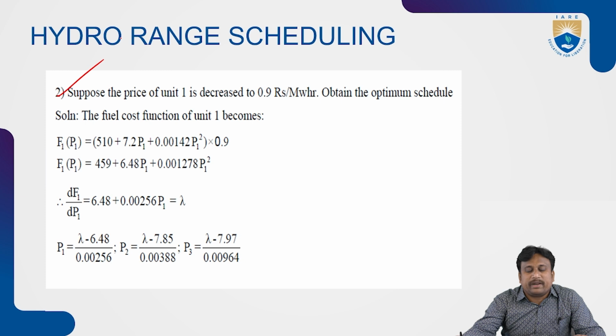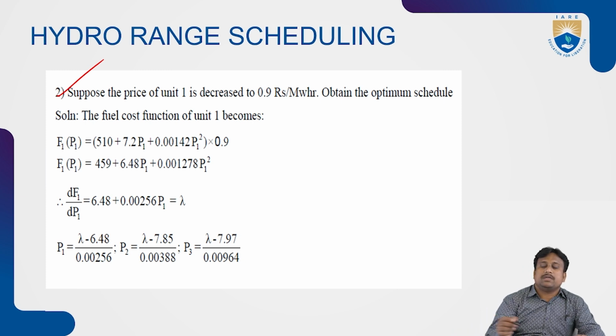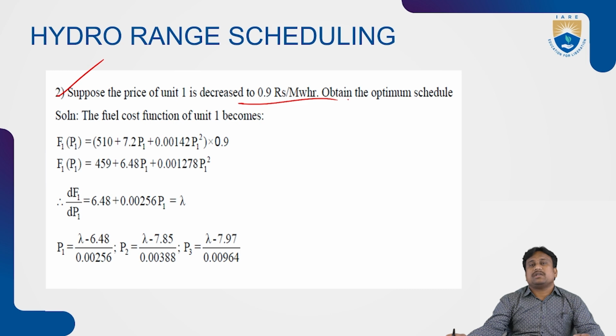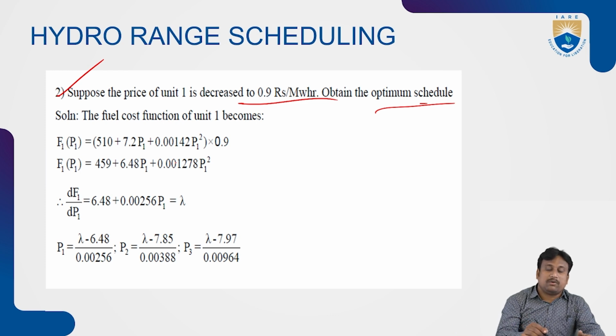Suppose the price of the first unit, that is unit 1, is decreased to 0.9 times, and you need to calculate the optimum schedule. Then it will be followed like this.